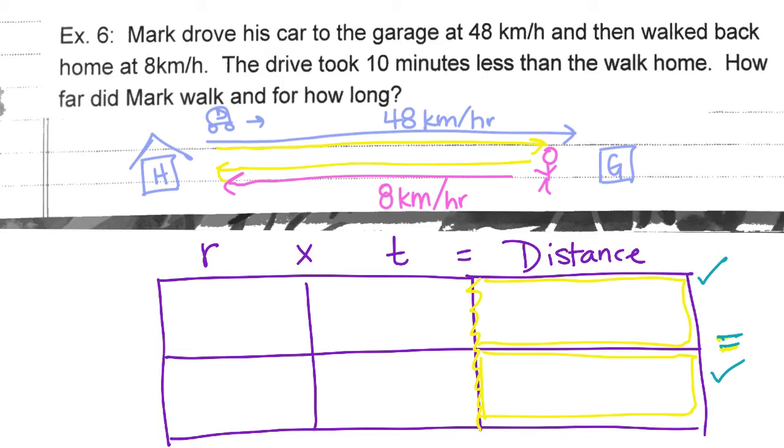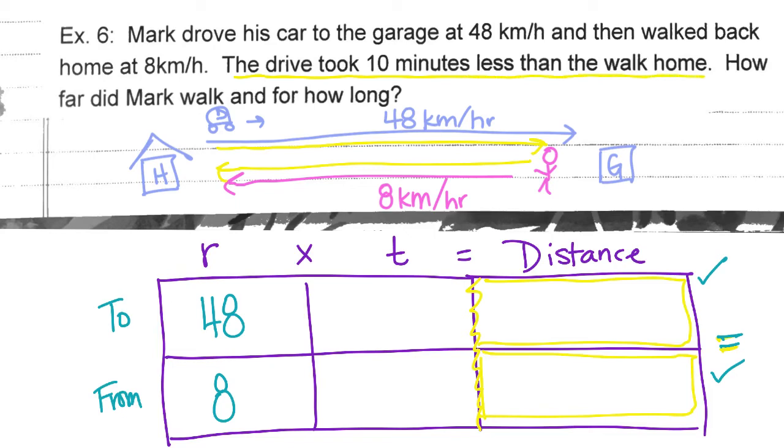Okay, there's going to be a couple scenarios, but our scenario is this. So we'll call this to and from the garage. We know that his rate to the garage was 48 kilometers per hour. We know his rate from the garage was 8 kilometers per hour. And then it does tell us that the drive took 10 minutes less than the walk home.